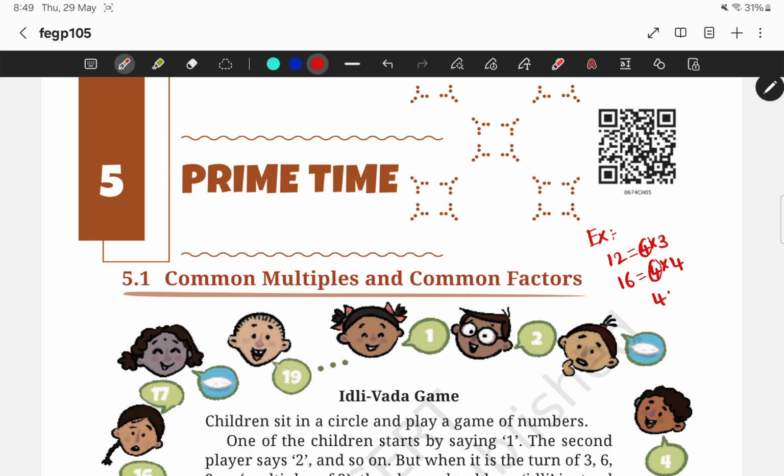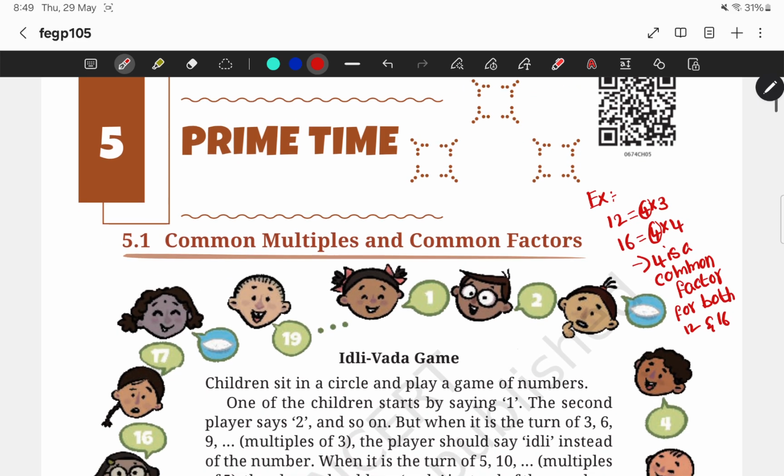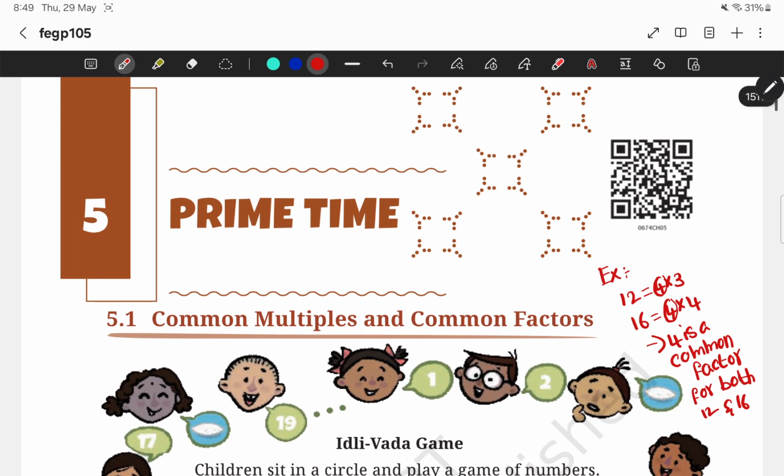So 4 is a common factor for both 12 and 16. Not only 4, there are a lot of common factors for those numbers.